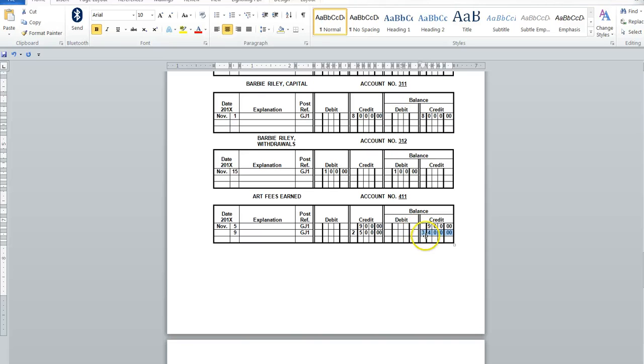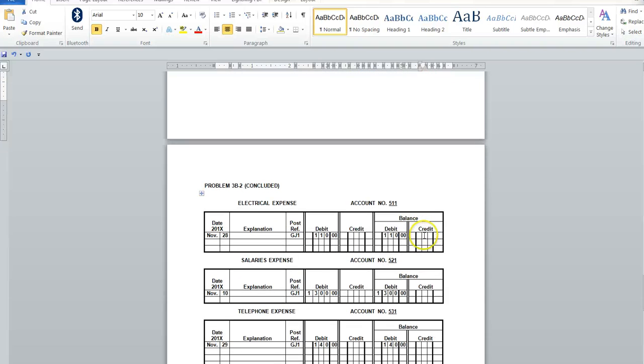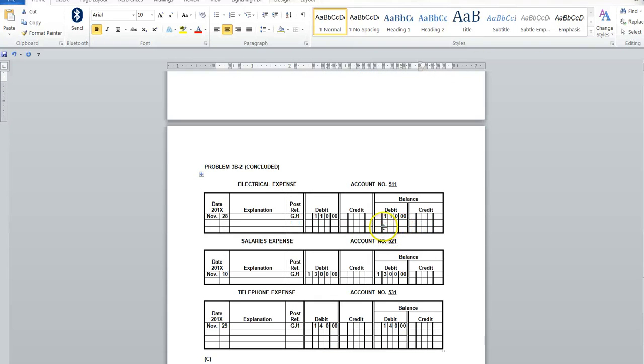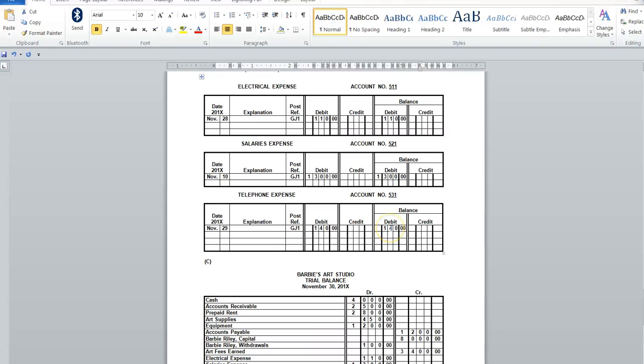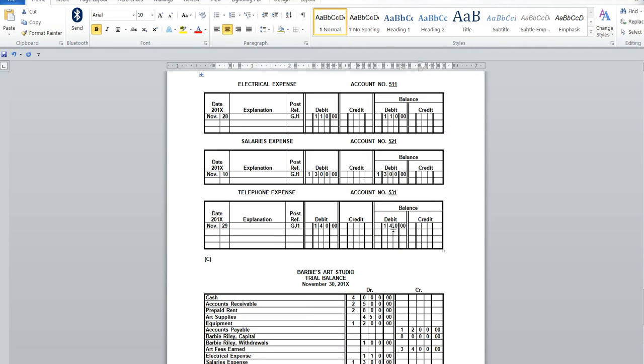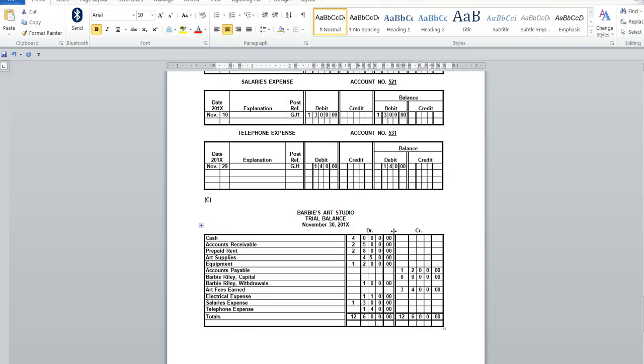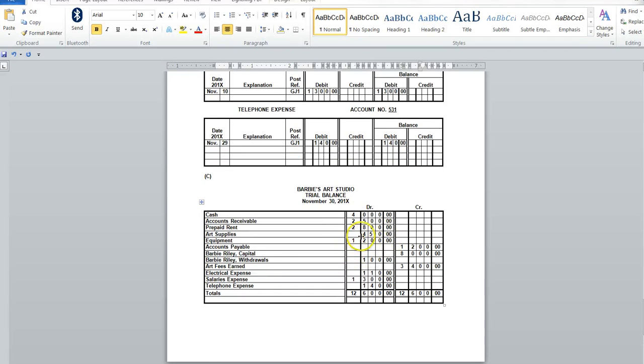So your revenues are here, and you pull your expenses. You'll have them right in the trial balance from here, so that you can easily list out the revenues and the expenses from your trial balance to the actual statements. You saw that the cash account had a $4,000 balance, and it's a debit balance. Make sure you carry the balances from the ledger to the trial balance, debit for debit, credit for credit, and you shouldn't go wrong.